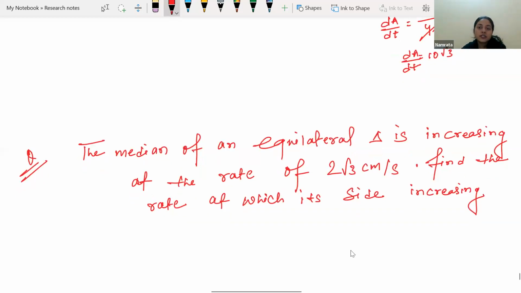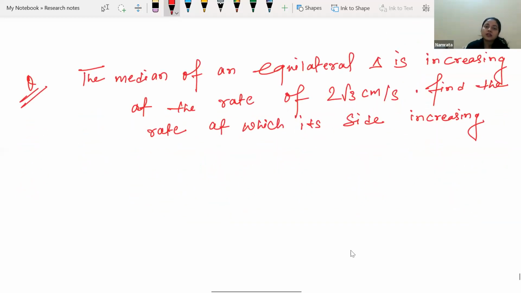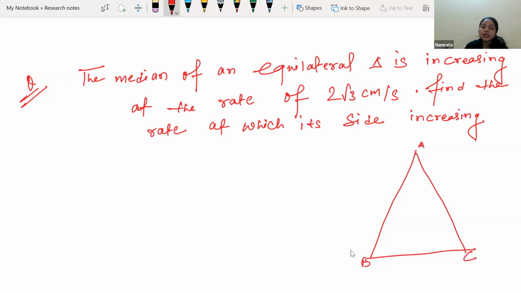So the median of an equilateral triangle is increasing at this rate. We have one equilateral triangle ABC. Let's say the side is x again. Here we have one median, let's say this. Median means it touches the midpoint of side BC, so BD is equal to DC. That is the meaning of median.